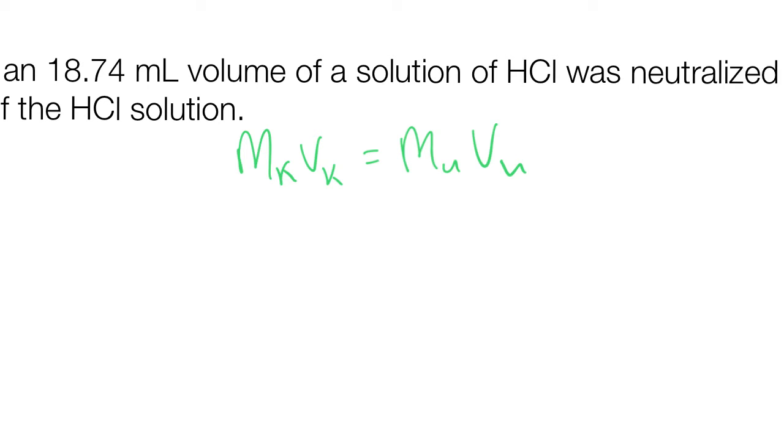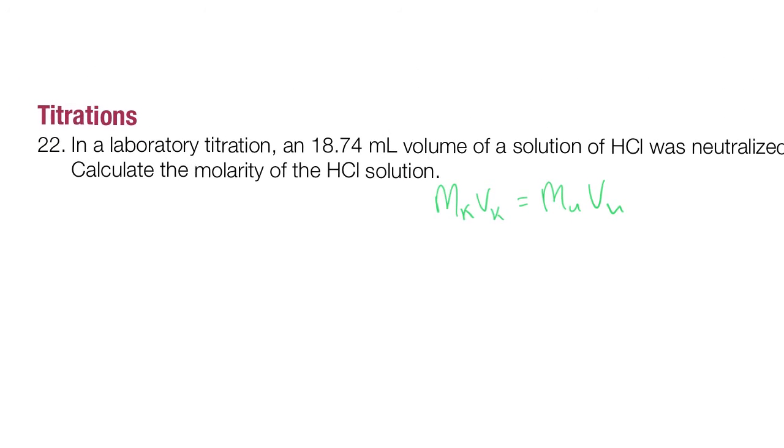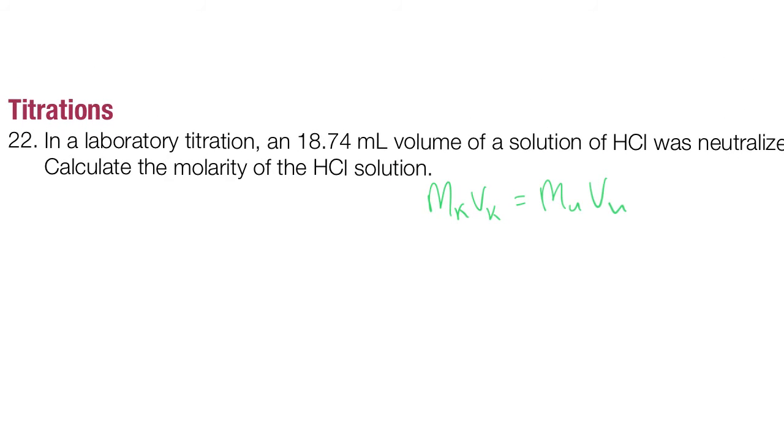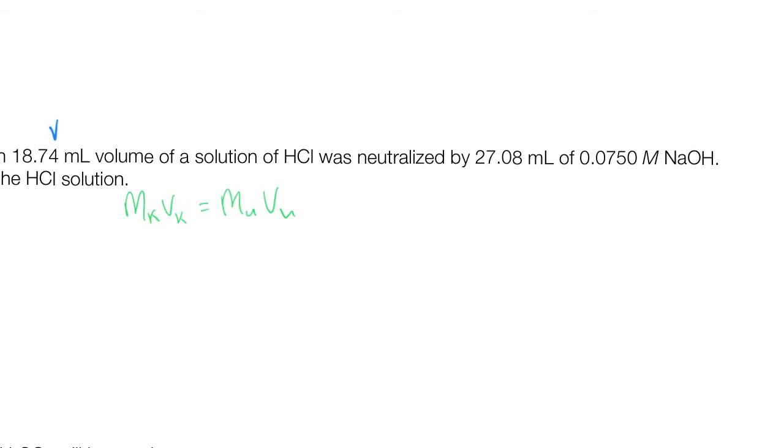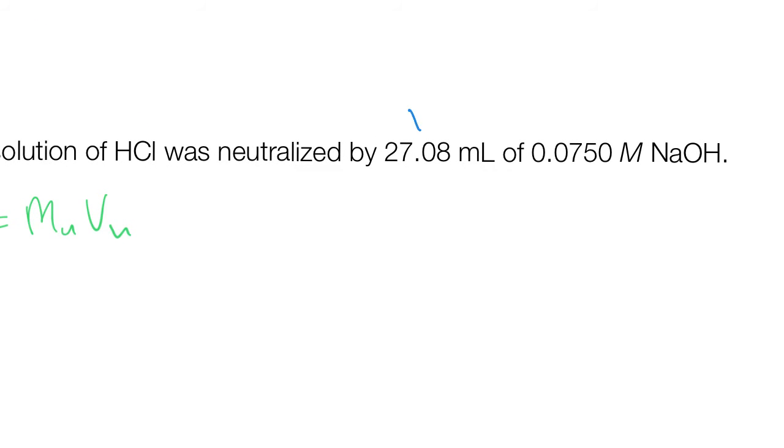All right, so let's look at our question here. It says in a laboratory titration, we have 18.74 milliliters, so that's a volume, of a solution of hydrochloric acid, was neutralized by 27.8 milliliters, that's another volume, of 0.0750 molarity. So that's a molarity.